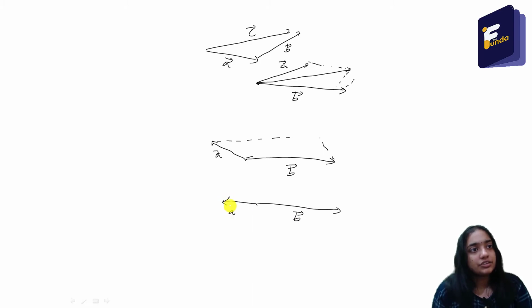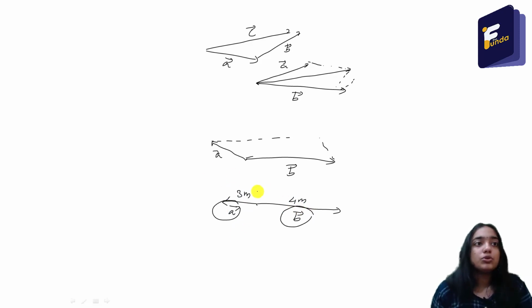So what I will do is put B vector in this direction and A vector in this direction. It is 4 meter, and it is say 3 meter. Now the sum of these two, A vector and B vector, is 4 minus 3, because these are in two opposite directions and along the same line. So it will be 4 minus 3, that is 1 meter.